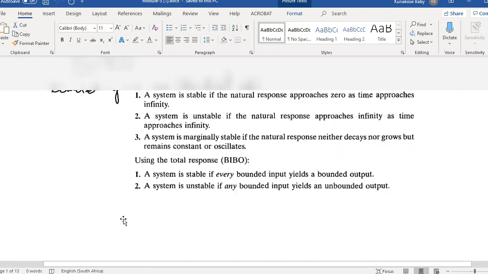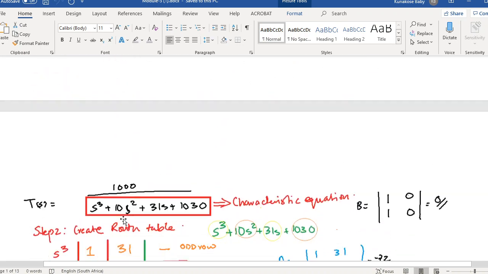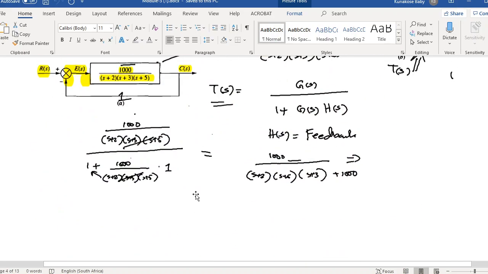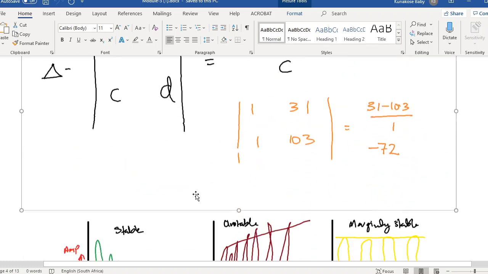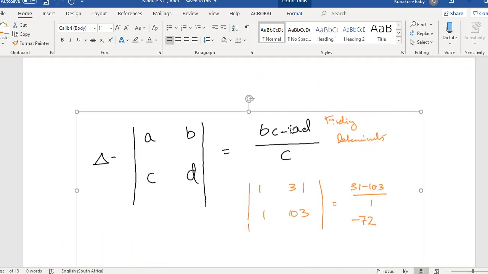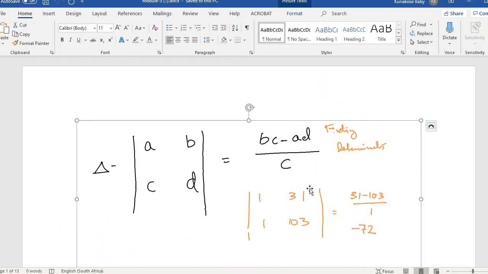So you can see that in this Routh table, I have 1, 31, 1, and 103. I'm going to solve this using Cramer's rule to get the value for s raised to 1. So I brought it here. It is 1, 31, 1, and 103. By virtue of the formula, it is b into c.